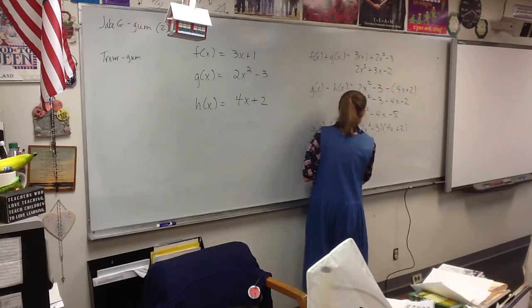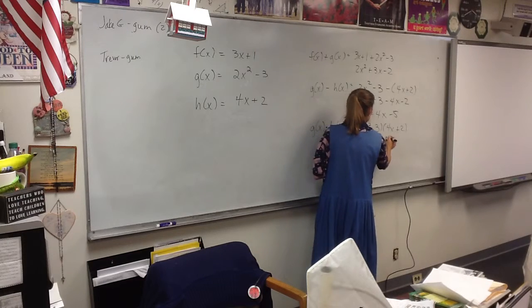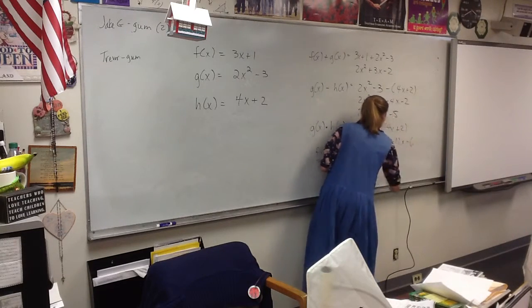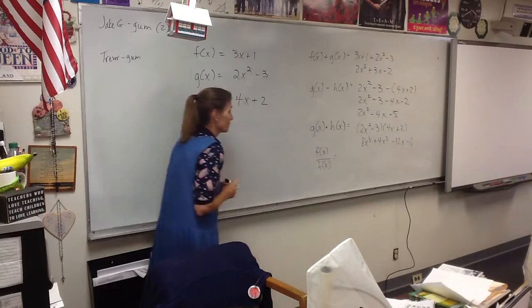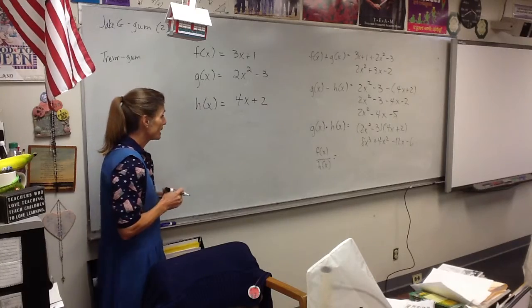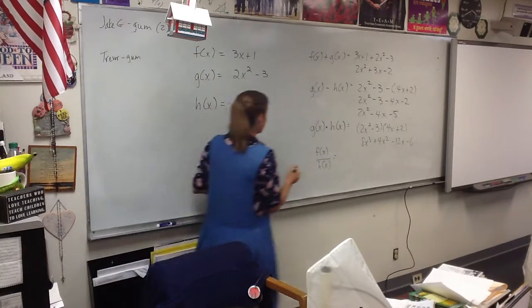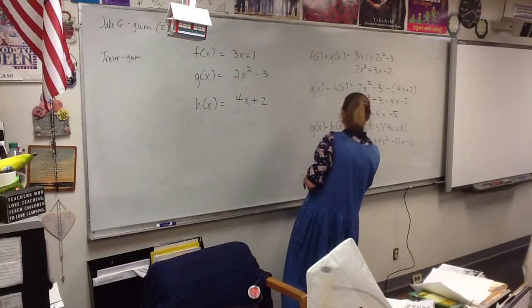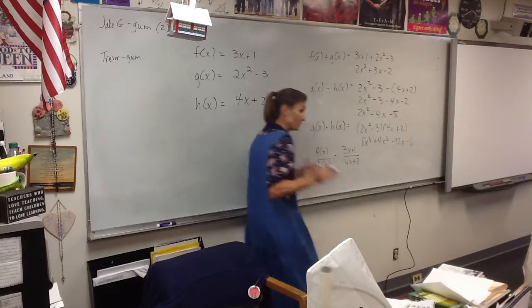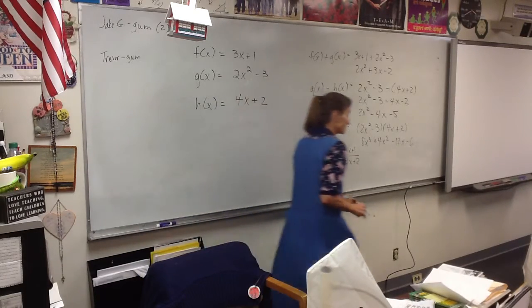So 8x cubed plus 4x squared minus 12x minus 6 is my answer. And the last one there means divide. So we'll simply have 3x plus 1 divided by 4x plus 2. Everybody okay with that?